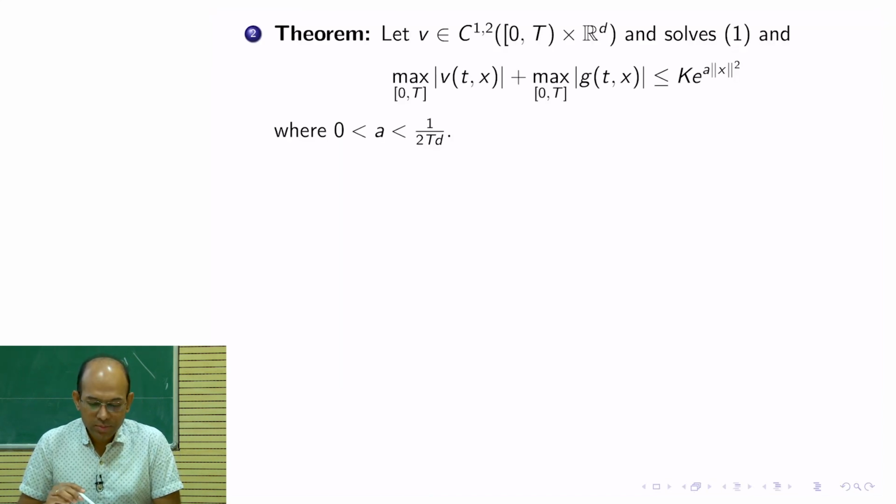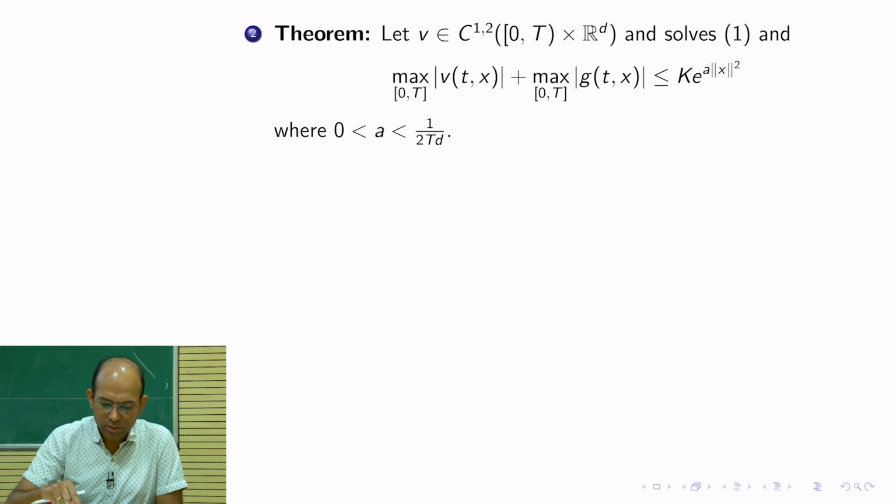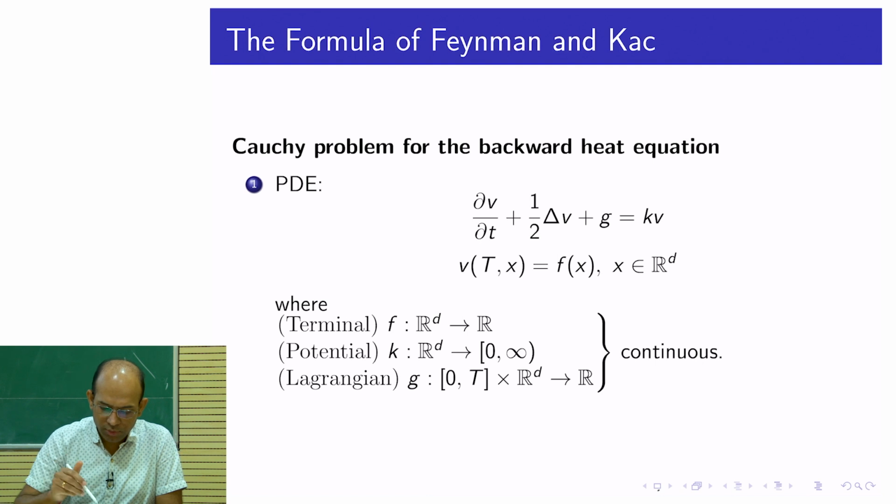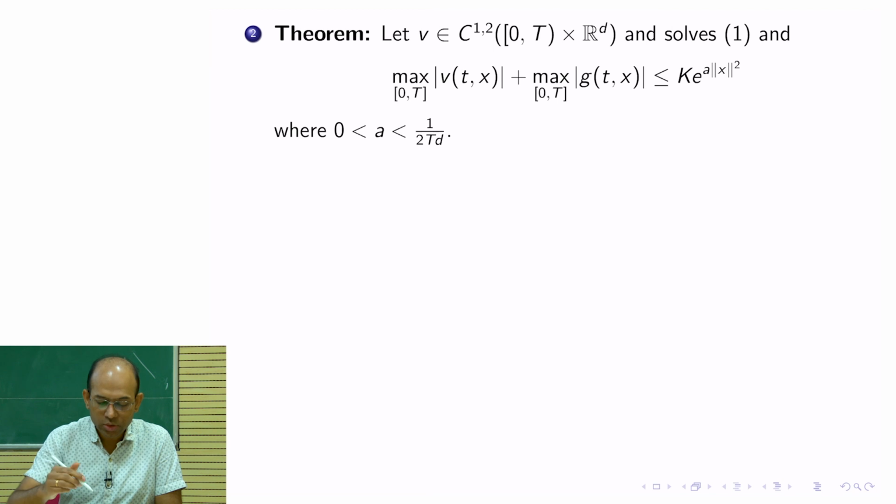This theorem is saying that let v be a C^{1,2} function, that means once differentiable with respect to time and twice differentiable with respect to space, and it solves equation 1.